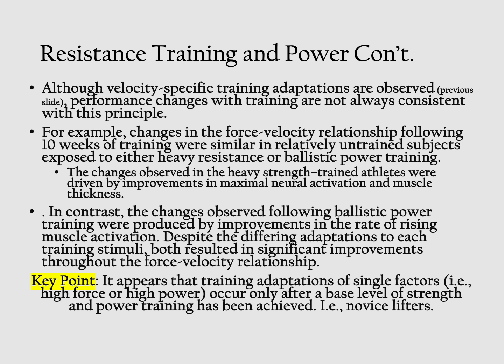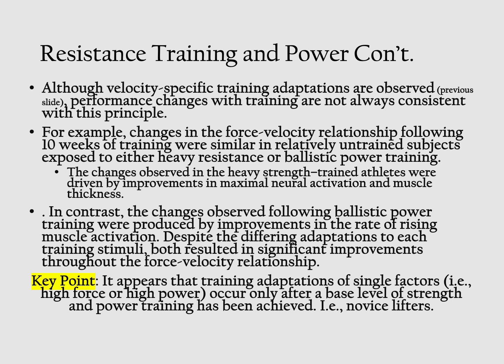In contrast, the changes observed following ballistic power training were produced by improvements in the rate of rise of muscle activation, so how fast we're sending this neural activation. Despite the differing nature of adaptations to each training stimulus, both resulted in significant improvements throughout this force-velocity relationship. What's my point?